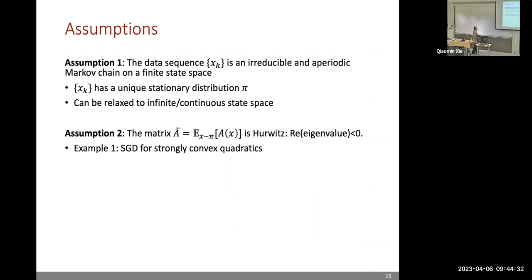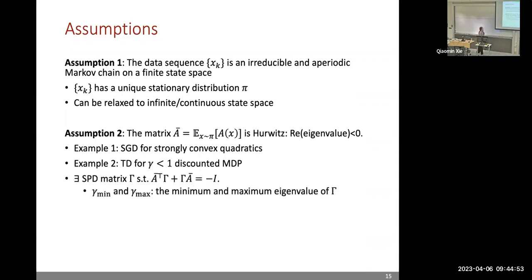Just some examples of what this condition means: in the SGD case we saw earlier, this just means the objective function is a strongly convex quadratic function. And in the TD learning setting, if the problem we want to solve is the discounted MDP, then it will automatically satisfy this condition as well.